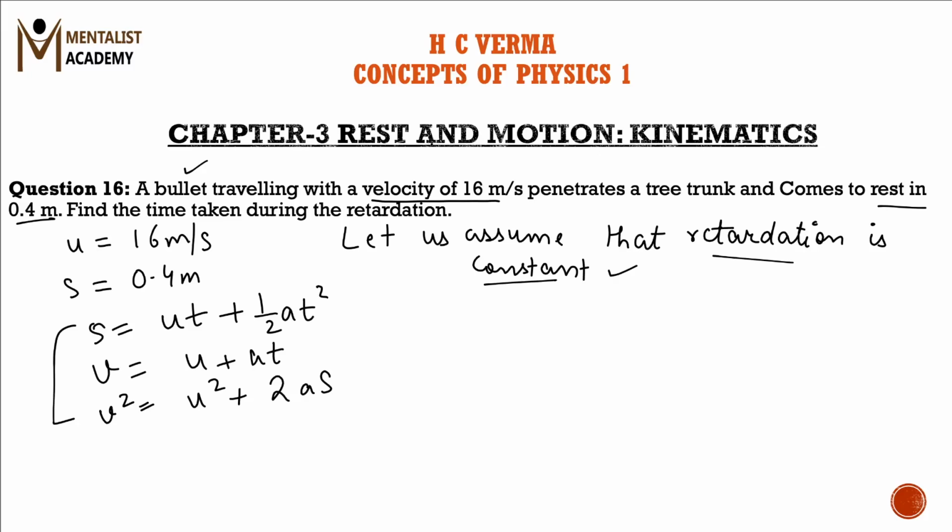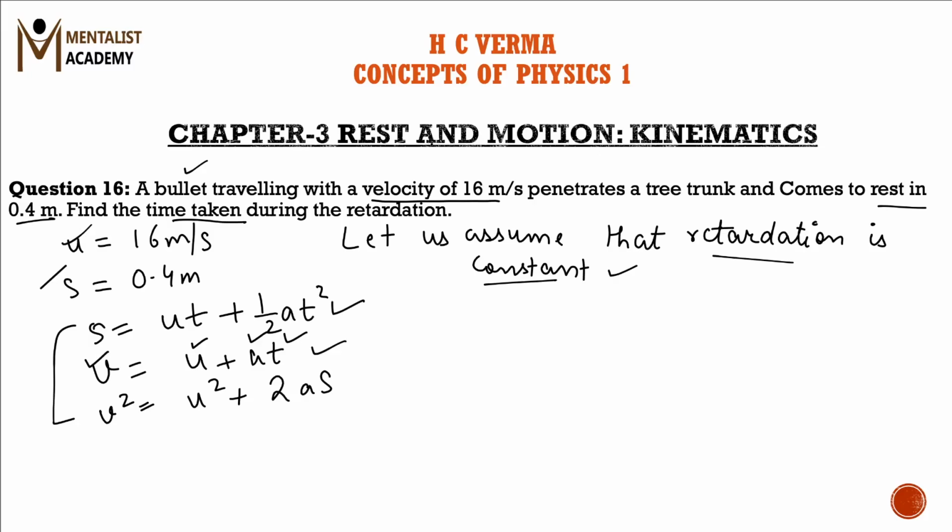So we have to find the time taken. So in these two equations, time taken is used. We have the final velocity of the bullet, that is 0. Initial velocity is also known, but we do not have a and we do not have t. What we have is u and s.